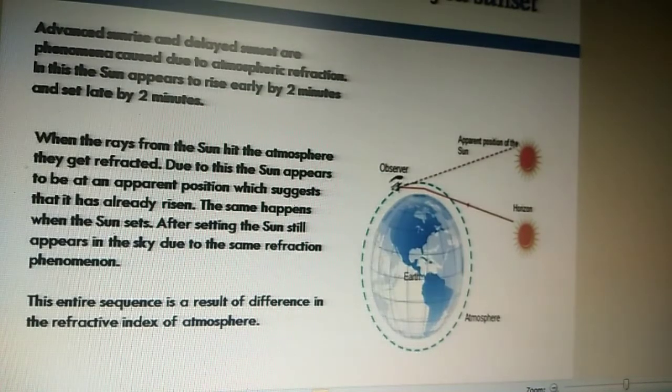Due to this apparent position of the sun and the atmospheric refraction phenomenon, sunset is delayed by 2 minutes and sunrise is advanced by 2 minutes.